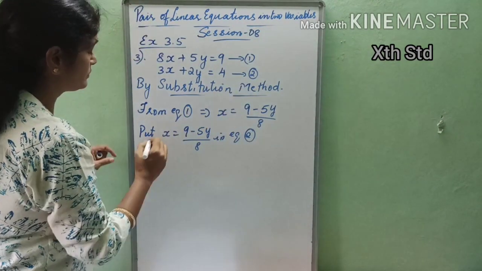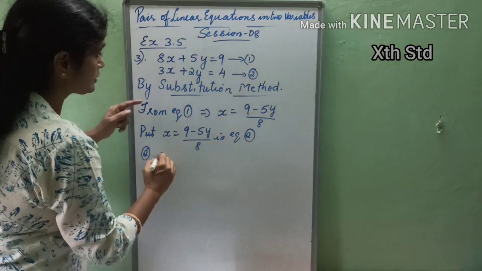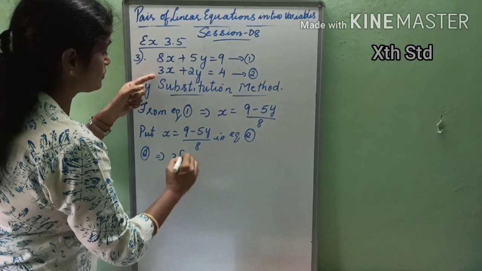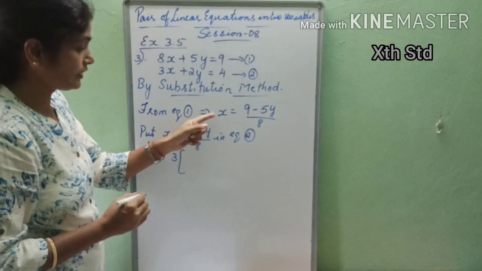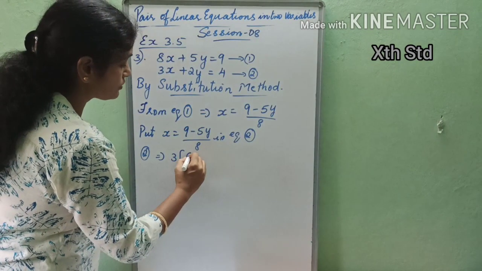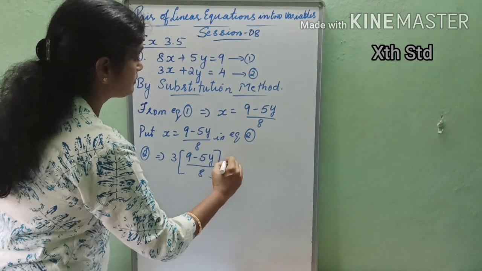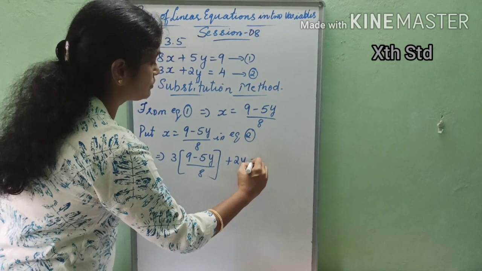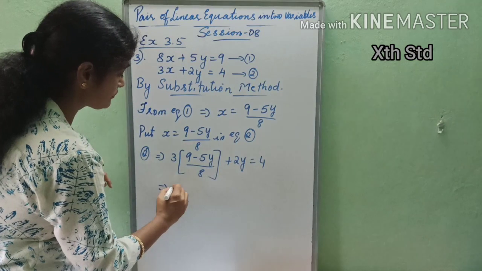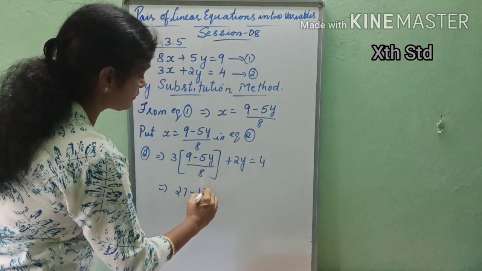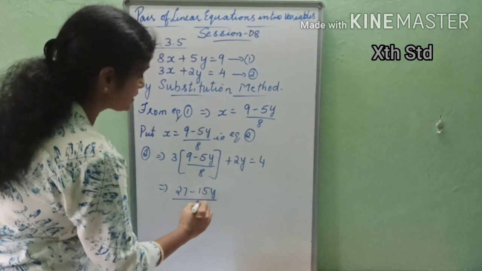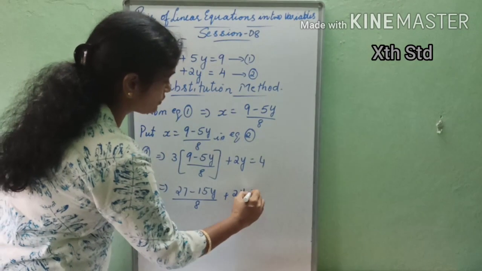By doing so, this equation 2 implies what? It is 3 into x. In place of x, this thing to be written. So 3 times (9 minus 5y) by 8 plus 2y equal to 4. Now simplify this. (27 minus 15y) by 8 plus 2y is equal to 4.